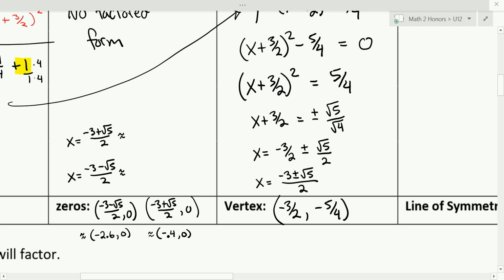So I got -2.60 and -0.40. I'm just rounding to the nearest tenth.